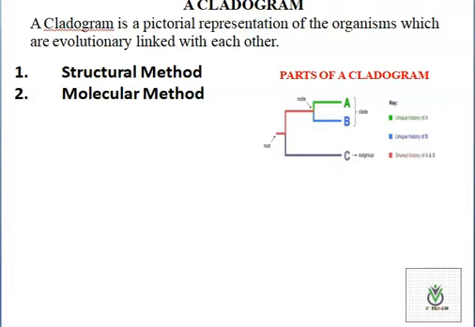These cladograms give you the evolutionary relationship between these organisms, and those organisms which are not very related to each other are regarded as an outgroup.